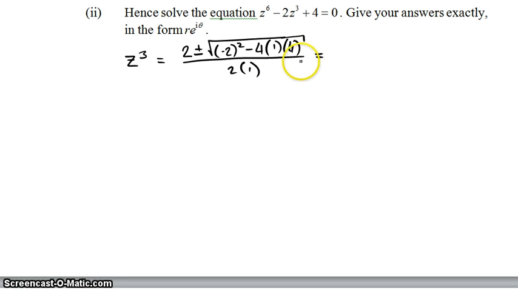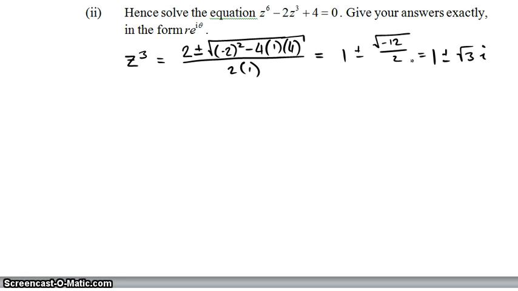And this is what? So this is 1 plus or minus the square root of 4 minus 16 is square root of minus 12 over 2. Square root of minus 12 over 2, this is of course 1 plus or minus square root 3 i. Right? Okay, good.